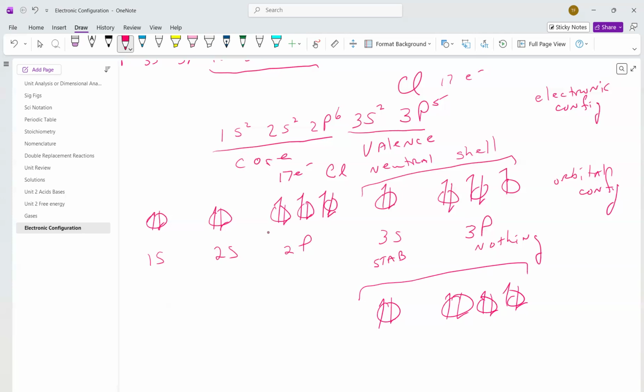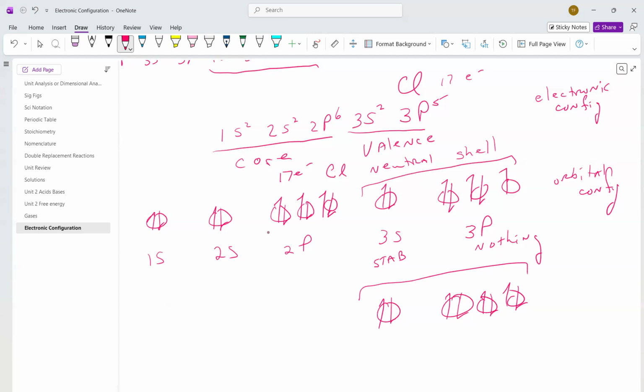So that's why the halogens like to gain 1 electron, because it puts it in a more stable place. But you only know that if you're doing the orbital diagram to see it. Does that make sense?